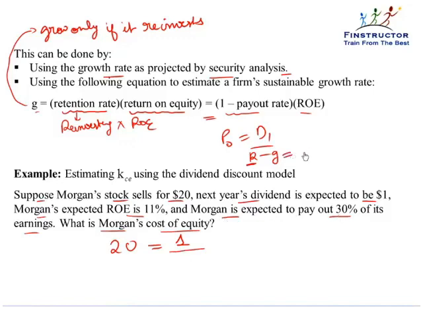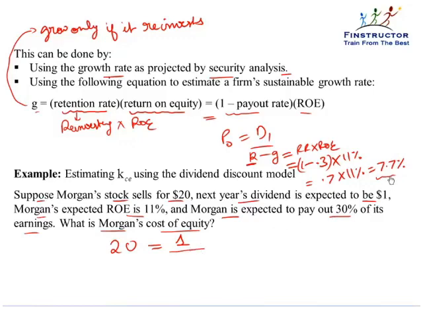So G can be written as retention ratio into ROE. Retention ratio in this question is 1 minus the payout ratio, that is 1 minus 0.3 into the ROE, which is 11%. Or the growth is expected to be 0.7 into 11%, that is 7.7% sustainably. Please note, this is the constant growth rate expected till infinity. The next year's dividend I know.